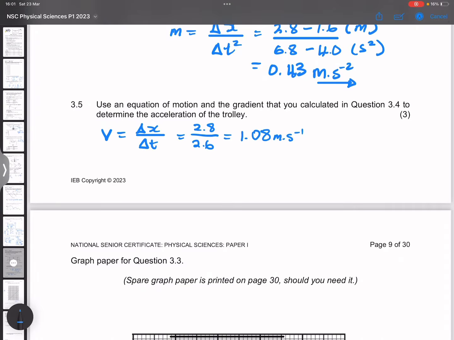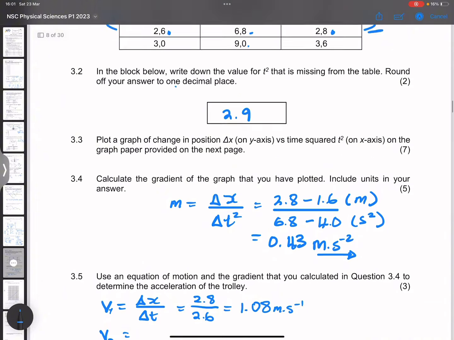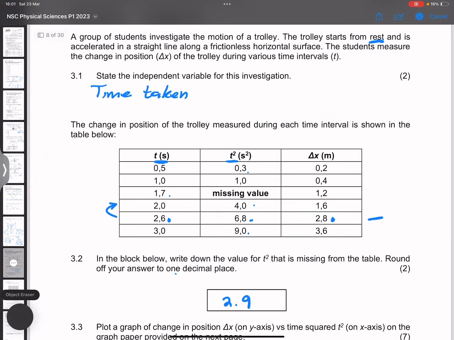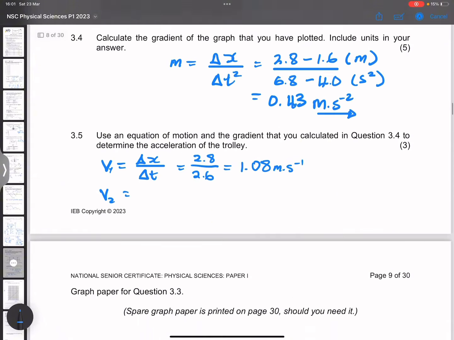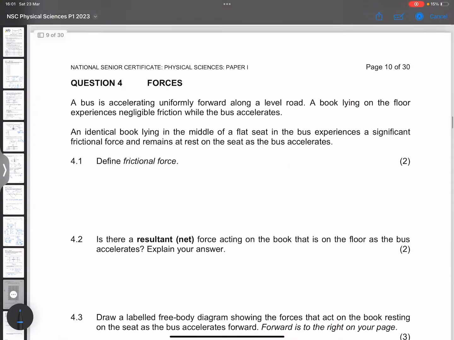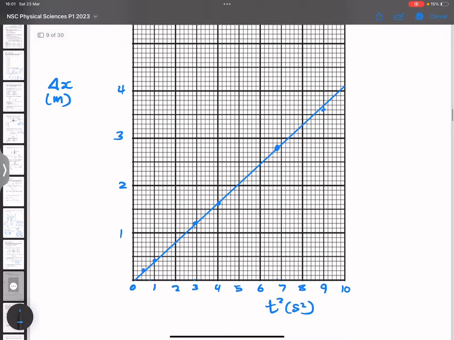Okay, and velocity 2. Let's take another value, right? I took this one here at first. I'm going to take another, this one, 1.6. My change in position was 1.6 when my time was 2.0, okay? So I'm going to do exactly the same thing.